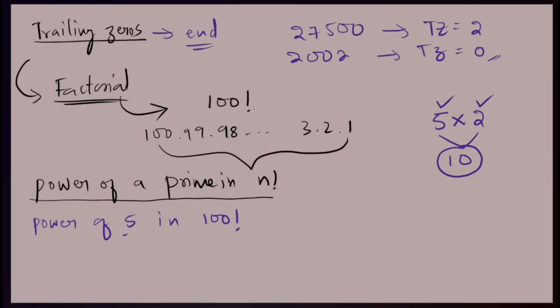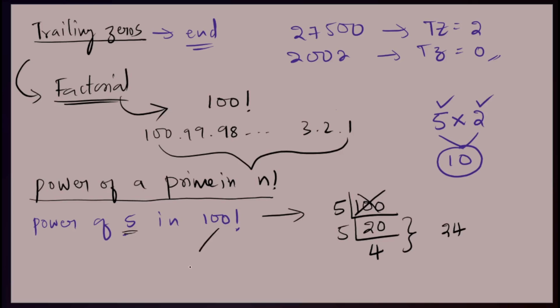Just like prime factorization, you are going to divide by 5 only, because you are finding the power of 5. 5 2s are 10, as it is. 5 4s are 20. That's it. You add these and you get 24. So the power of 5 in 100 factorial is 5 to the power 24.